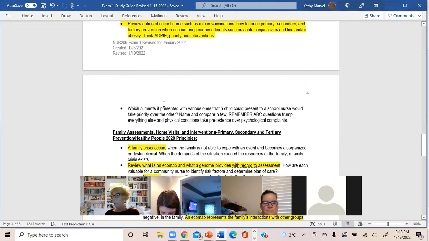Family assessments, we didn't get to do a lot of this, but that's chapters 18 and 19. 18 is family development and family assessment, and 19 is family health risks. And that's what this section is.